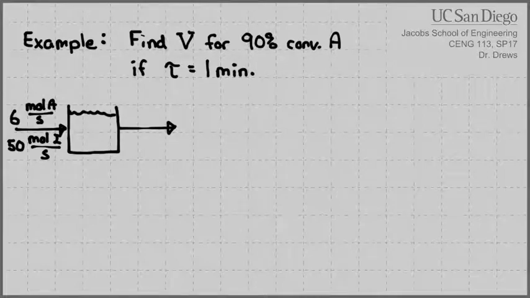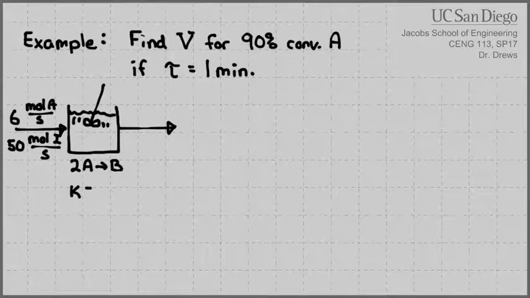Again, make sure you put the mixer in there and add the little motion indicators. The reaction that's occurring is just a simple 2A goes to B with a rate constant k of 10 to the minus 2. We're going to assume the whole thing is elementary so that our units are liters per mole per second.